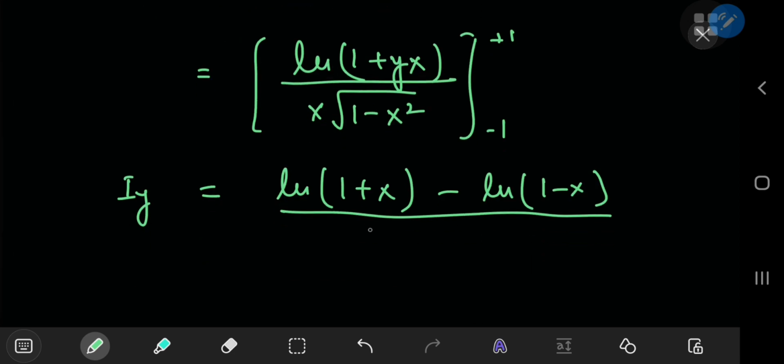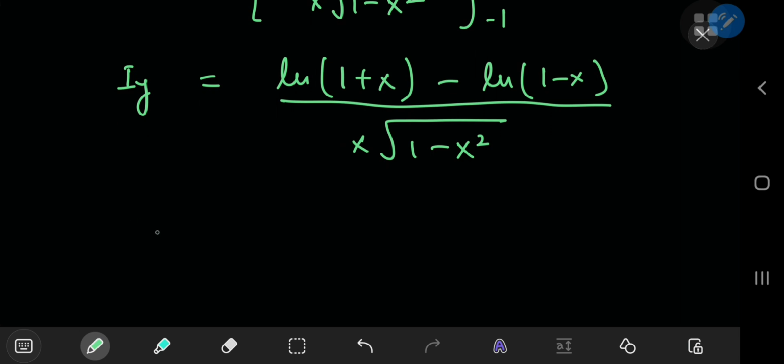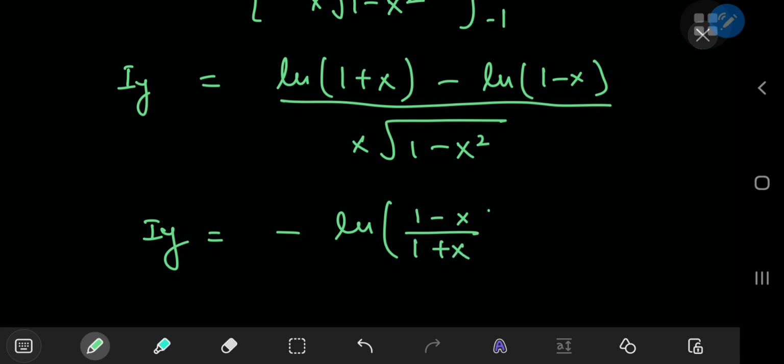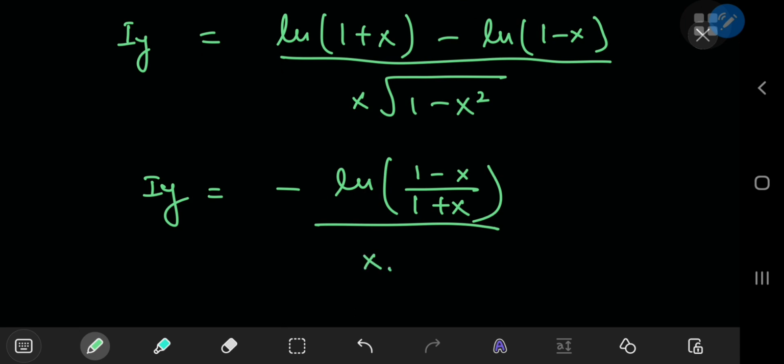And we can make use of the properties of the natural logarithm to make this result even better. I'm going to combine these two natural logs with an extra negative sign. So I'll have the natural log of 1 minus x up top and 1 plus x in the denominator. And all of this is divided by x times the square root of 1 minus x squared.